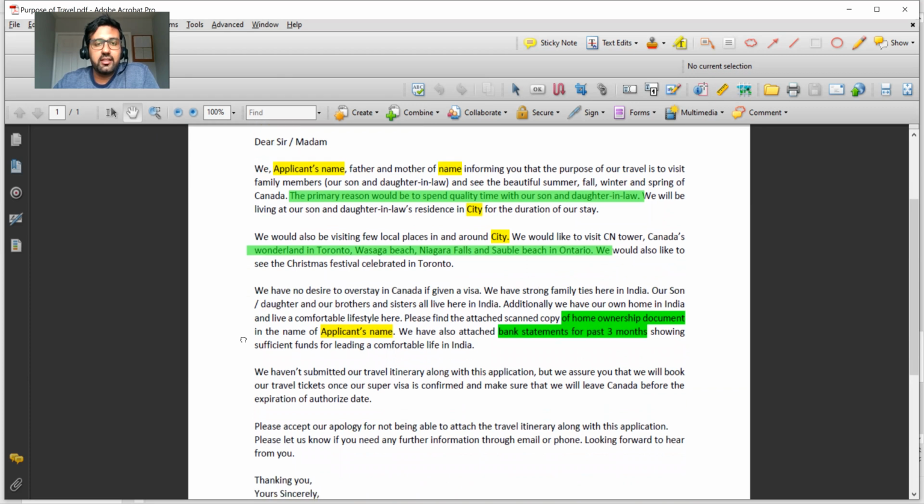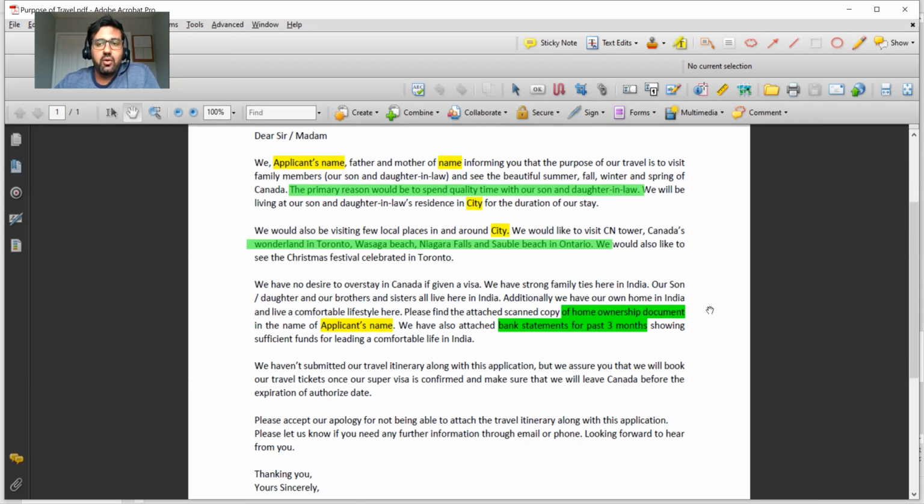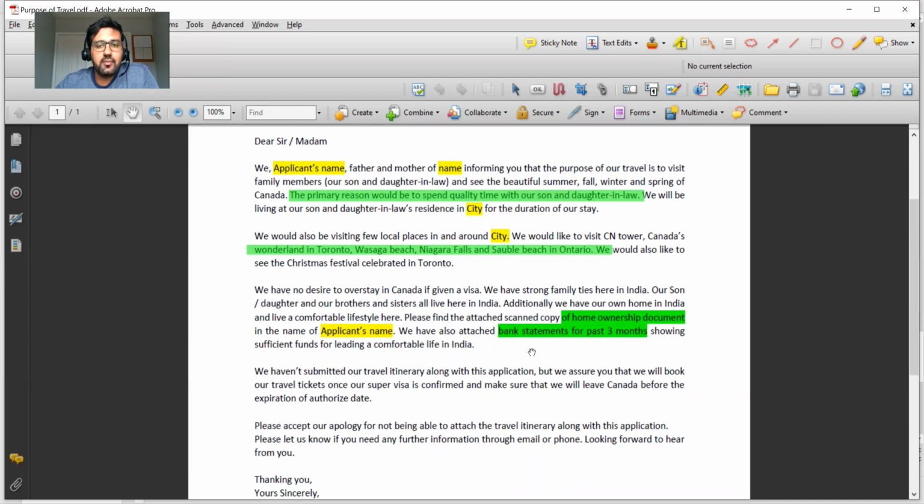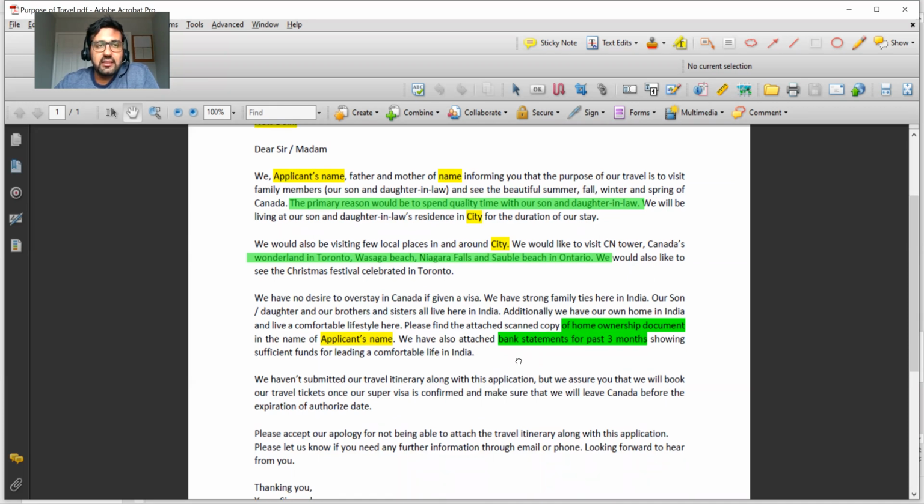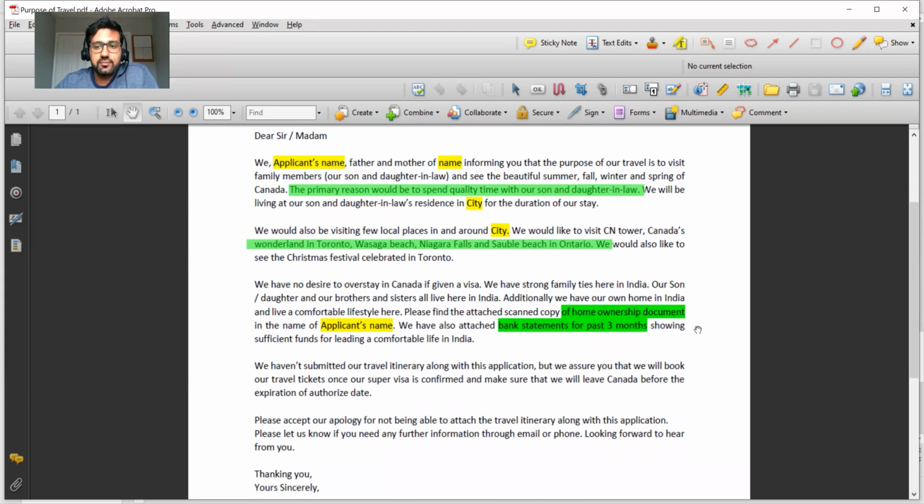And in this letter, I have also specified that my parents have strong ties in their resident country by providing home ownership documents. You can provide PDF copies of that, then past 3 months of bank statements, and also include any job or business details that they might have in their home resident country.